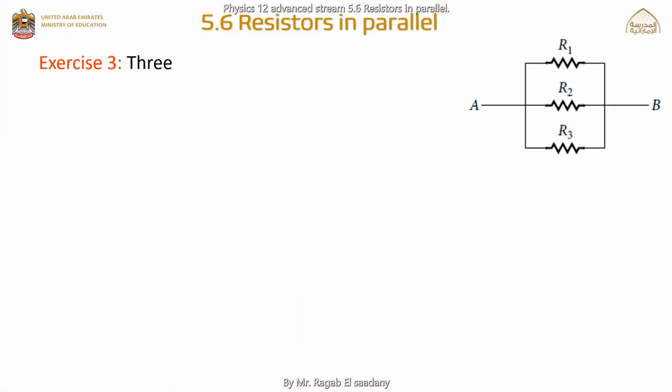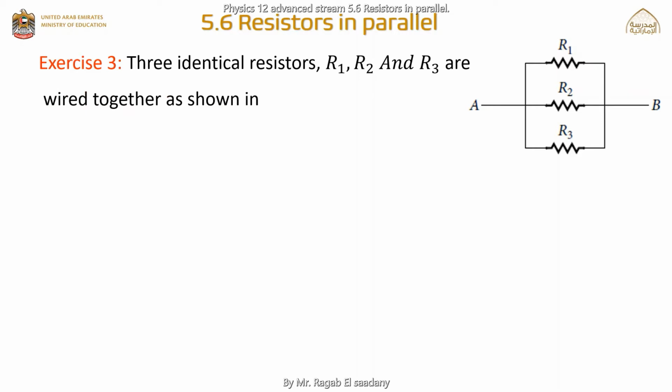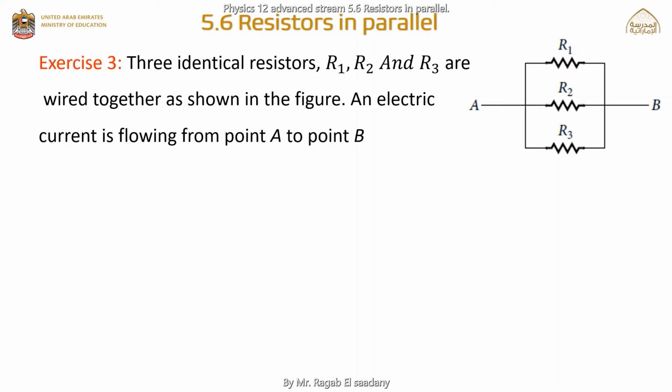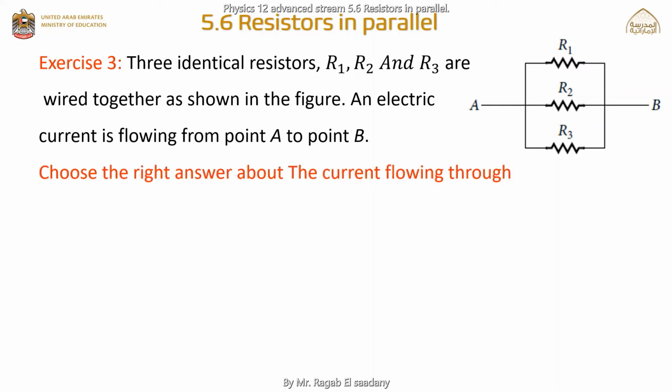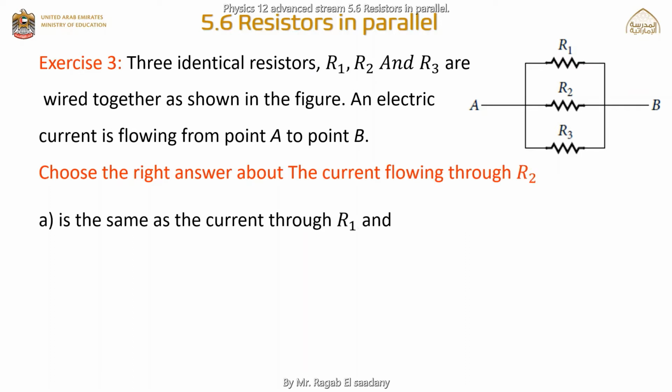Example 3. Three identical resistors R1, R2 and R3 are wired together as shown in the figure. An electric current is flowing from point A to point B. Choose the right answer about the current flowing through R2. A, the same as the current through R1 and R3.